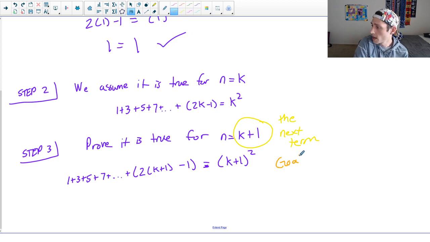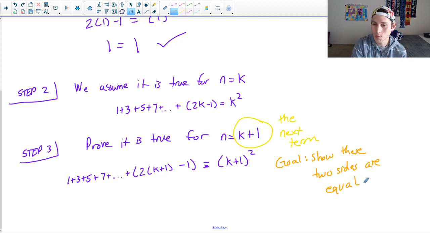Okay, so our goal right now is to show that these two sides are equal. So right now there's an equal sign between them, but we're just plugging in stuff. How do we know for sure?